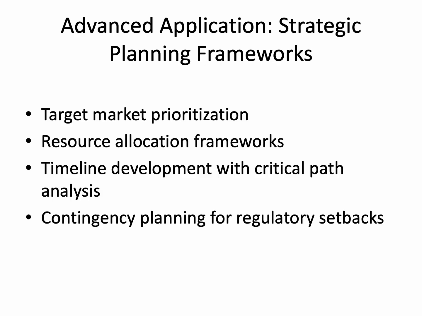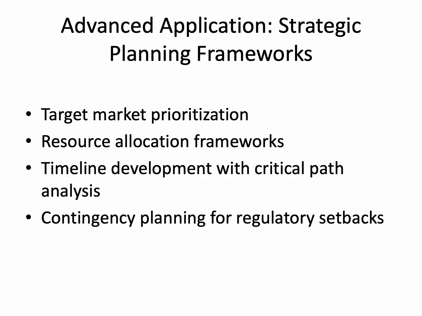Students will explore strategic planning frameworks for global medical device development. This includes prioritizing target markets based on regulatory complexity, market size, and reimbursement potential. Resource allocation frameworks help balance clinical, regulatory, and operational capacity efficiently. Timeline development with critical path analysis identifies potential bottlenecks and dependencies.